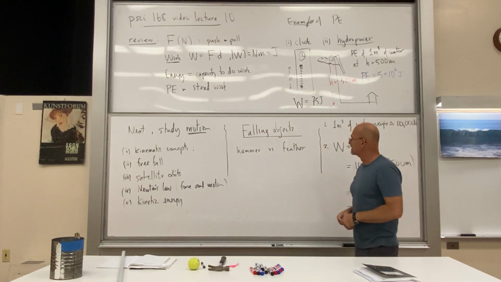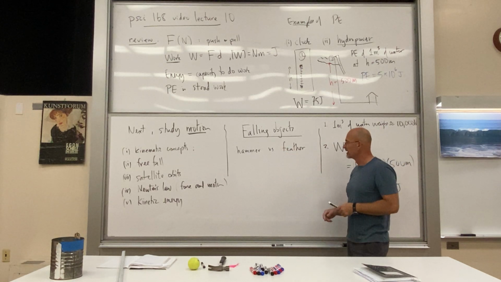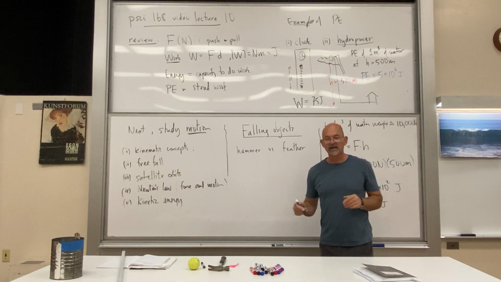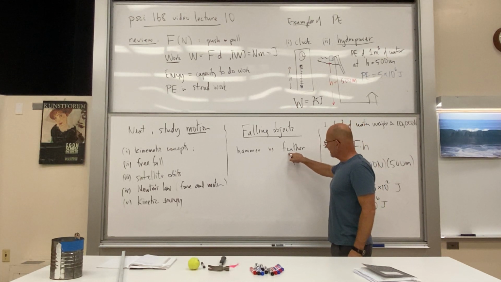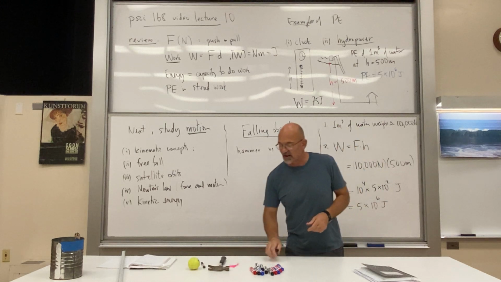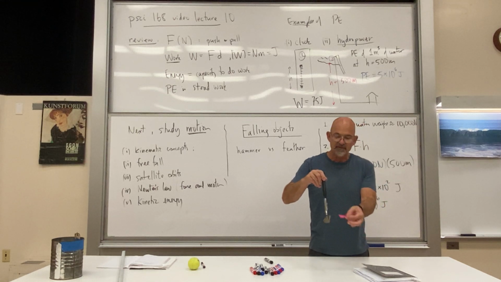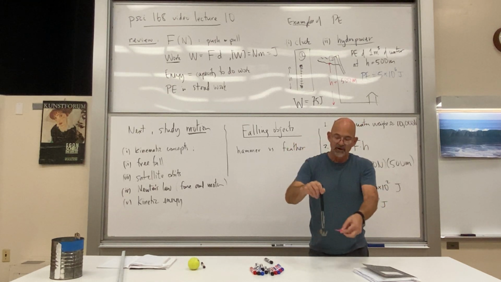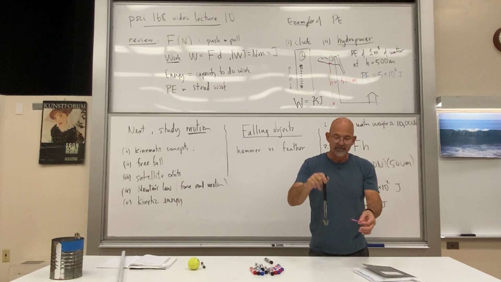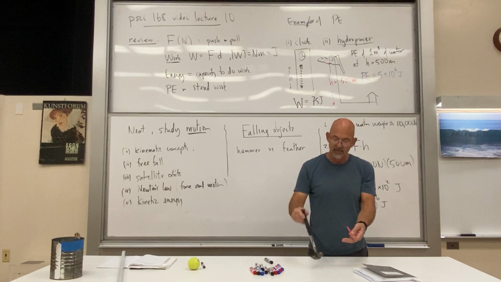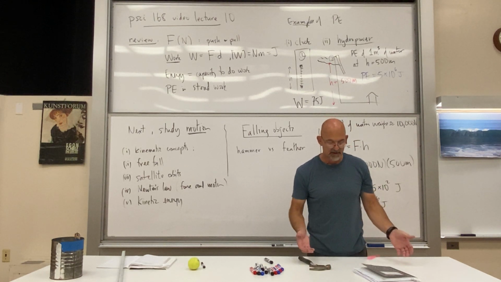So why does the feather not fall as fast as the hammer? And it took people a while to come across the right answer. The feather experiences relatively more friction. Now the hammer has the same surface area as the feather facing the air here, but it has so much more mass that the frictional force on the hammer is negligible, whereas the frictional force on the feather due to air resistance is large.